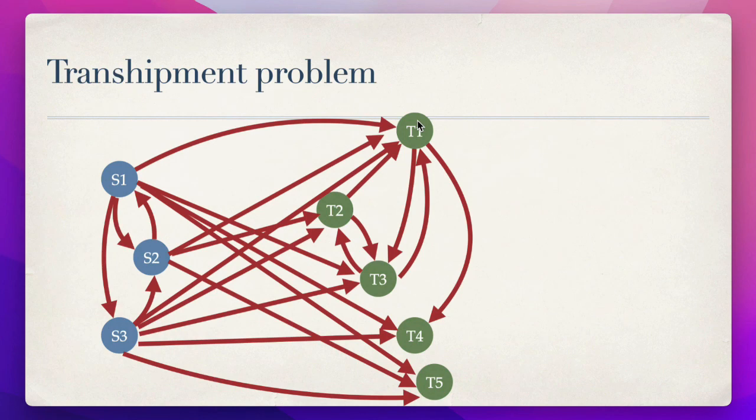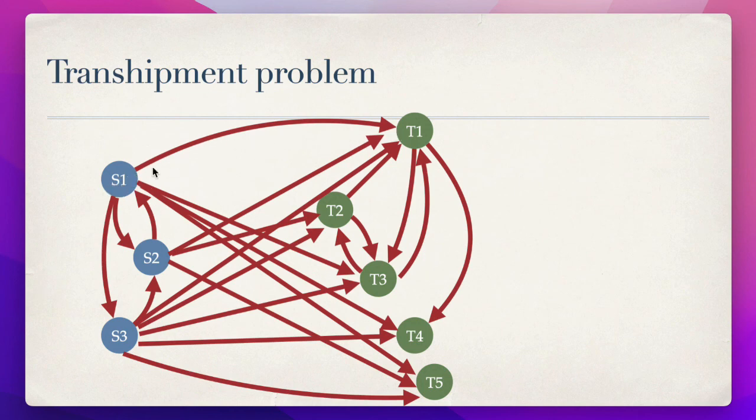For the network, you see that for S1, whatever flow from S1, for example, source from S1 can be shipped to T1, right?